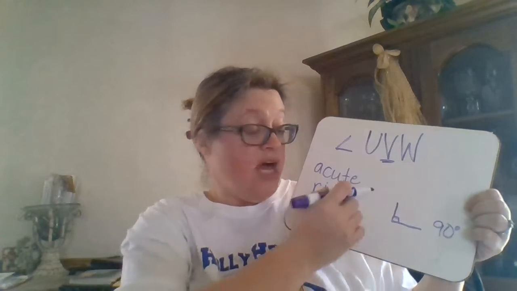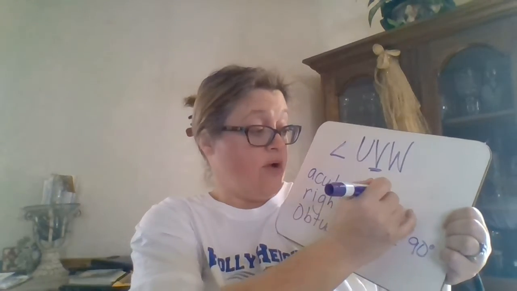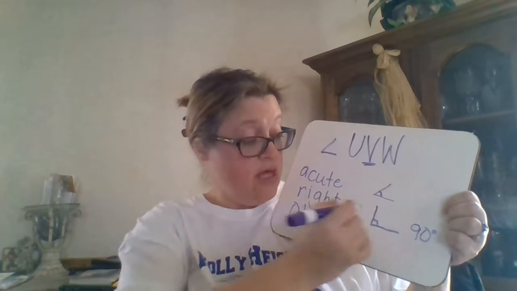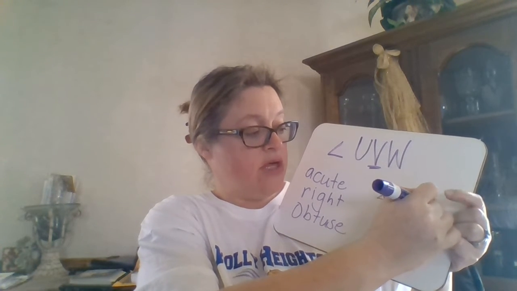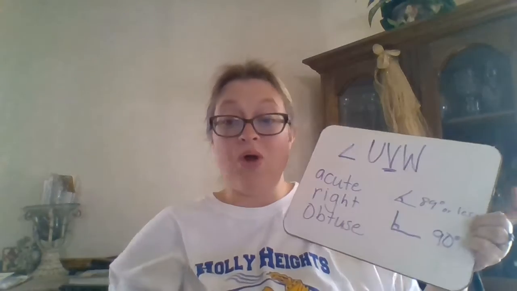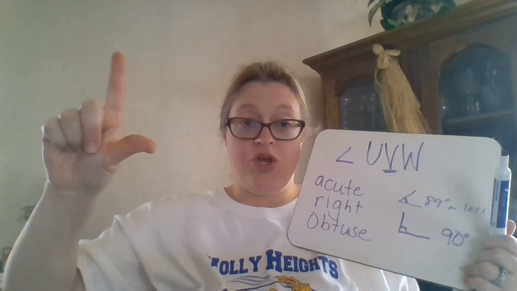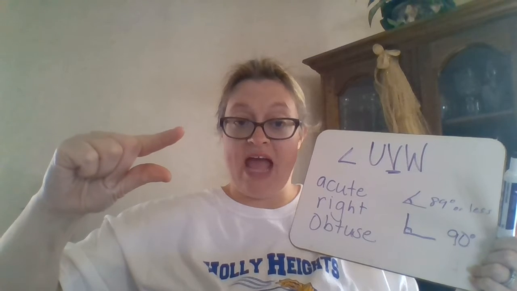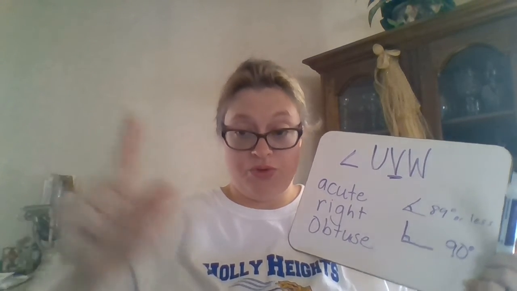Okay? Now, an acute angle is smaller than a 90-degree angle. Okay? So it's not going to have that perfect square here, okay? It's going to be 89 degrees or less, okay? So if you see this is the perfect L for a right angle, your acute angles are going to be any of the degrees of angles as it goes smaller, as it starts to close, okay?